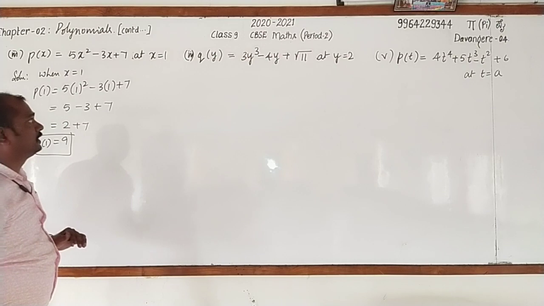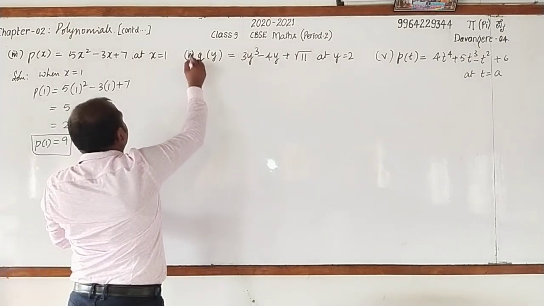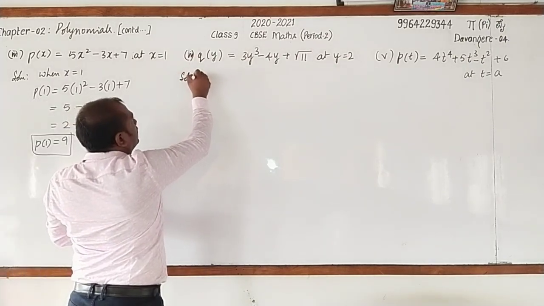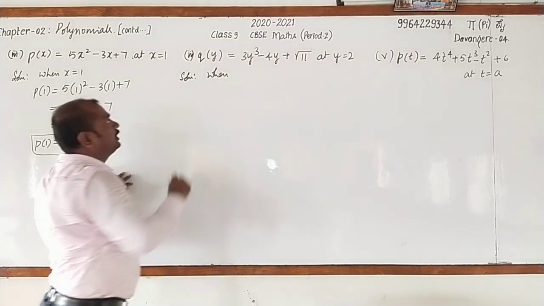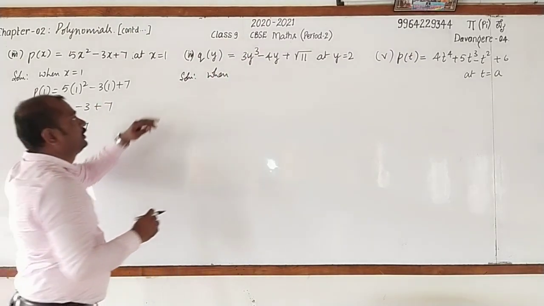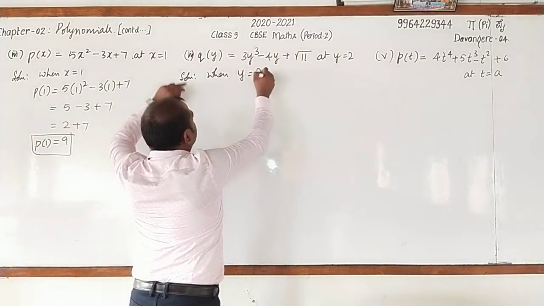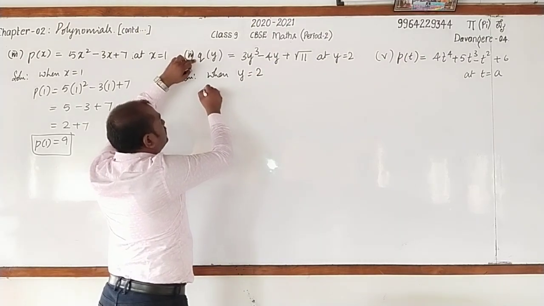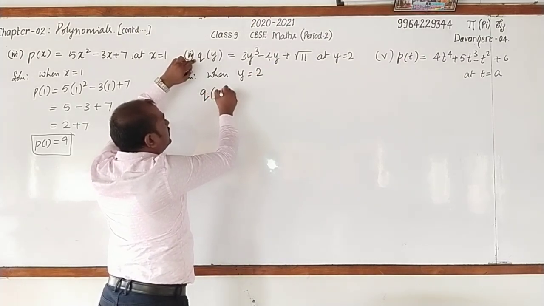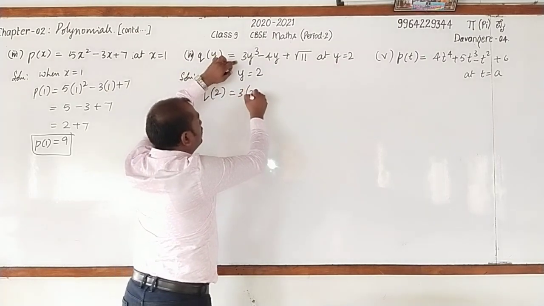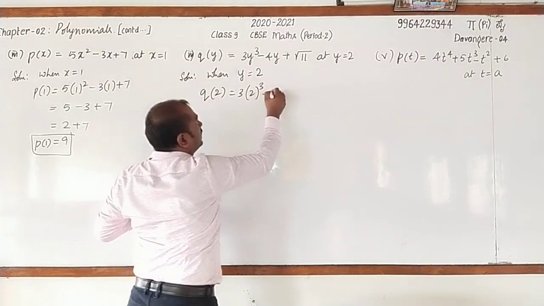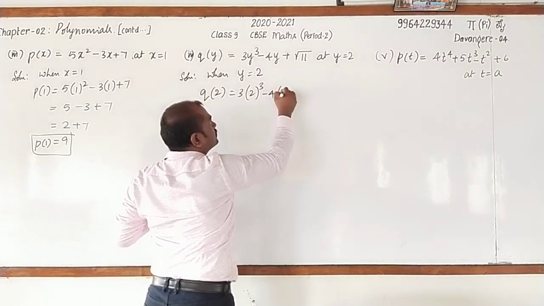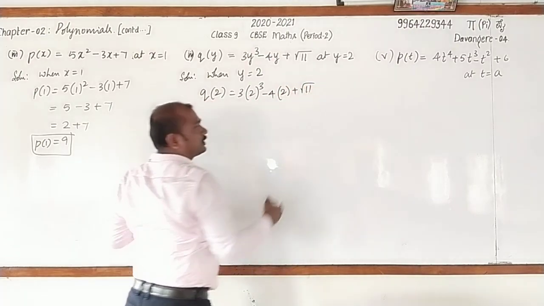Got it? Next, this is fourth one. Here they have given the polynomial in y. So y is 2. Now polynomial q of y at y is 2 is equal to 3 into 2 whole cube minus 4 into 2 plus root 11.